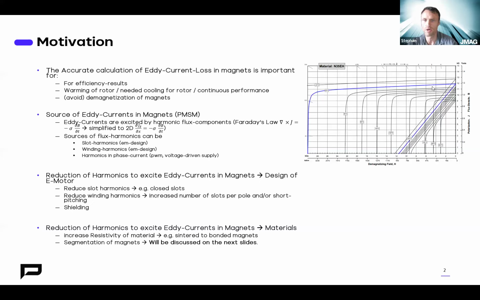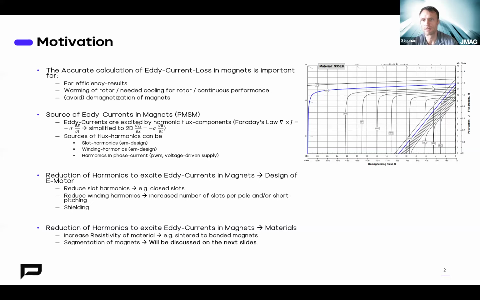And that is also why these losses are very important for the cooling concept of the rotor, because mostly at high rotational speed, the eddy current loss in magnets can limit the continuous performance.